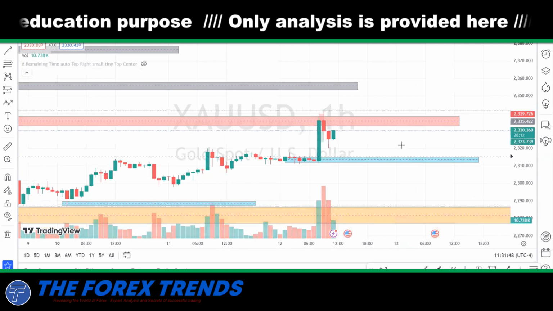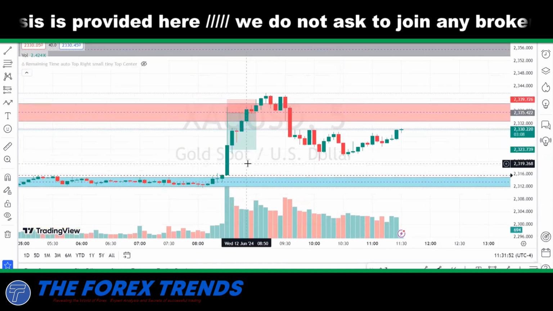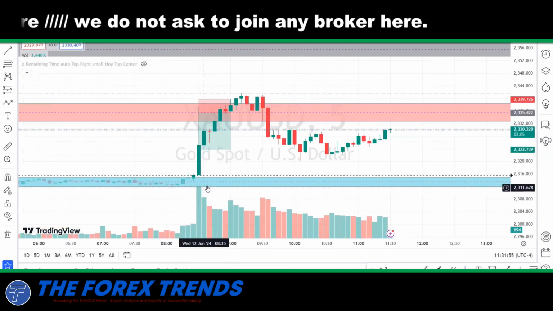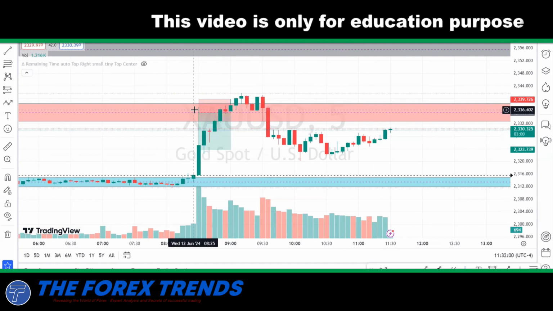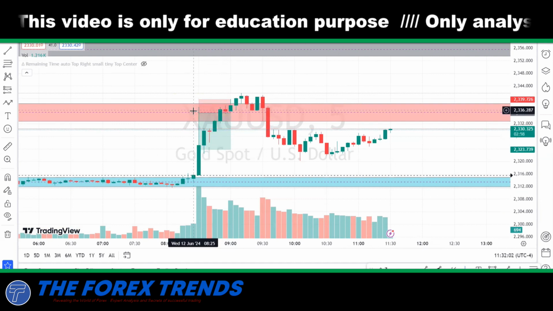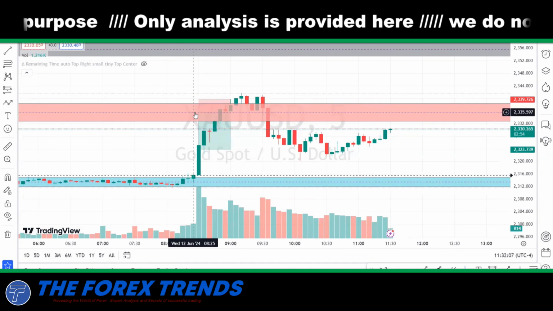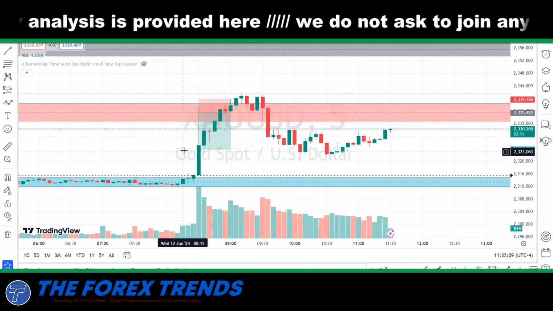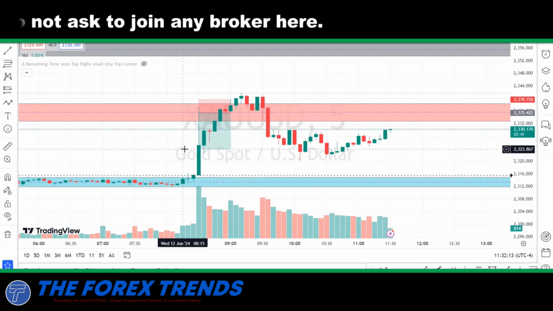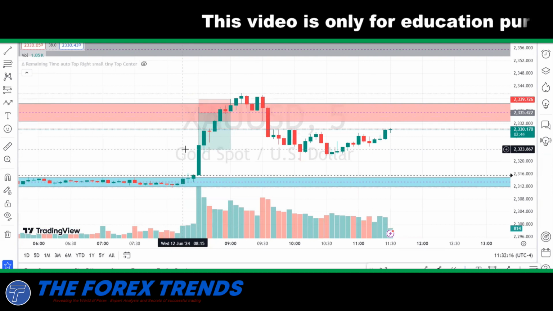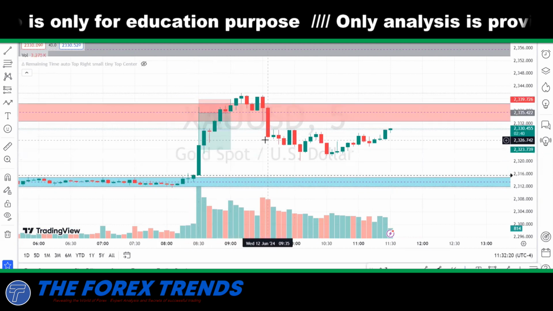If I shift to 5 minute, just after the release of CPI data, the market started going up and hit this price, that is 2335, and there was my limit order for sale, and it executed. After that, I booked 80% of the trade at this level, that is 2323, near about 100 pips, and I shifted my stop to break even. Unfortunately, my break even was hit and I was out of the trade.